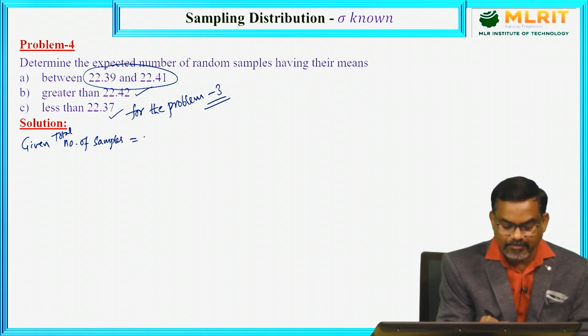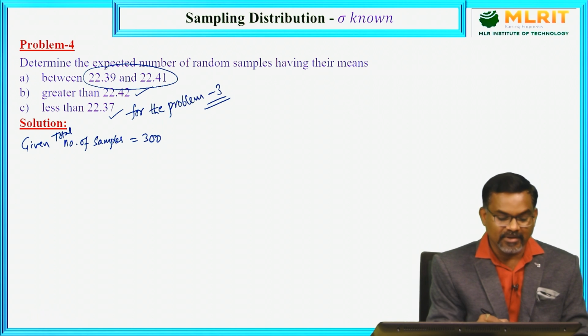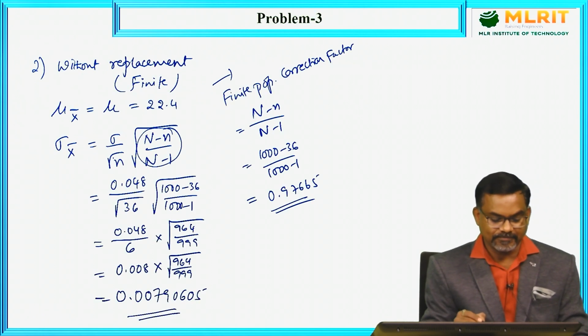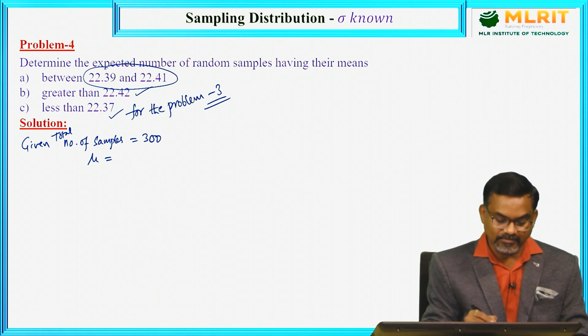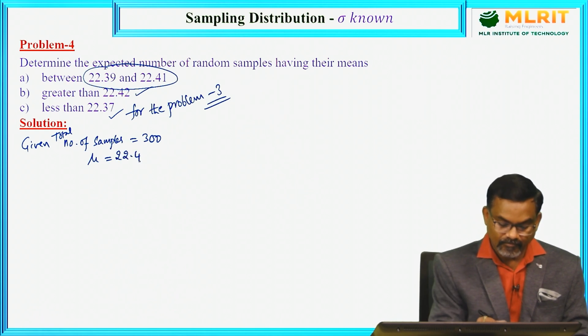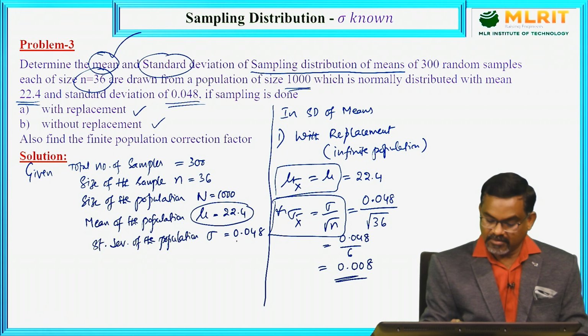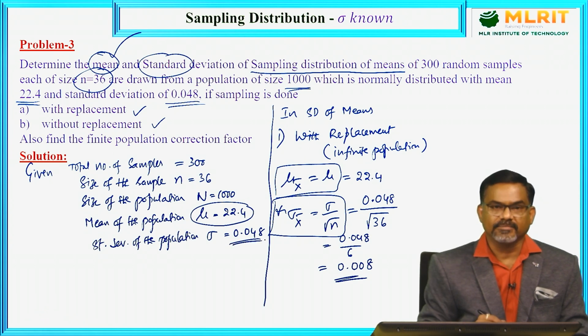given in the previous problem, 300, and also the population mean mu, 22.4, and population standard deviation 0.048.